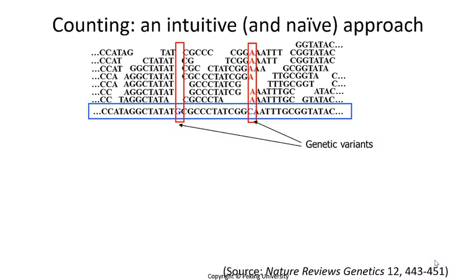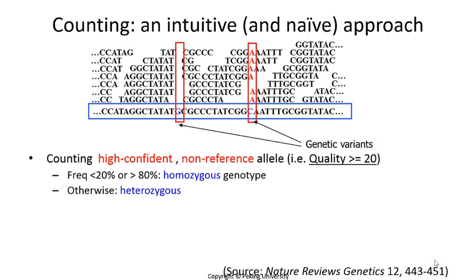So, first, assuming the reads have been correctly mapped, we can check reads mapped to specific loci. We can use a rule of thumb to do SNP calling and genotyping simultaneously by counting reads. For example, after removing bases with unreliable qualities, we can roughly treat the loci with alternative allele frequency less than 20% or more than 80% as homozygous loci.